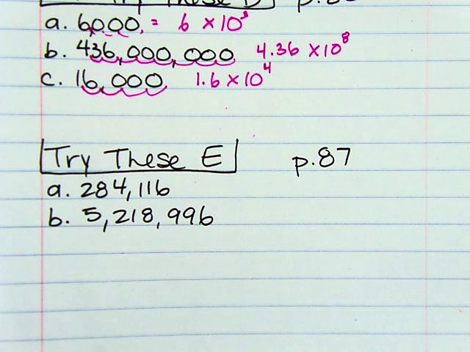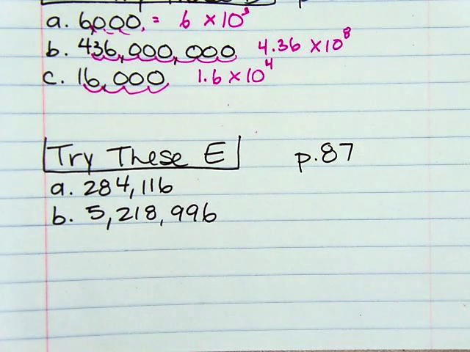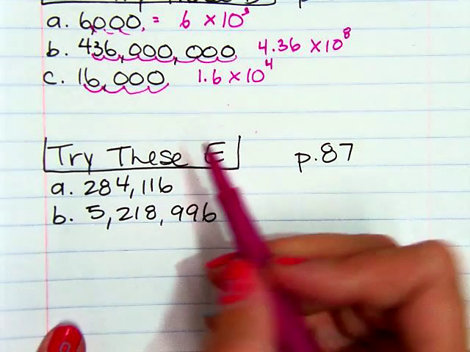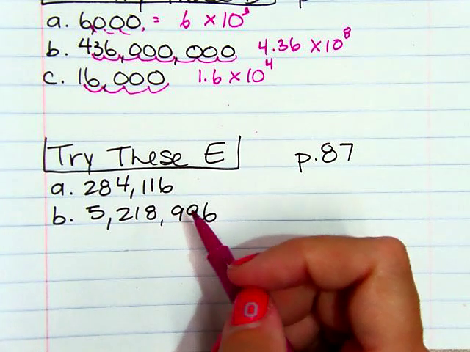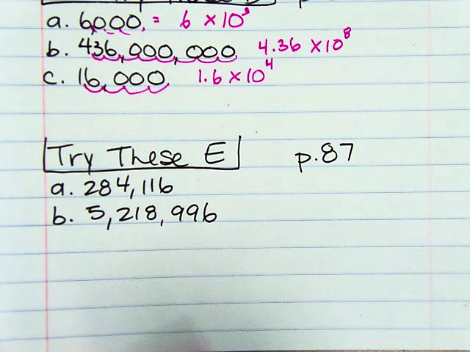Now I'm going to go ahead and go to try these E, which is on page 87, and it's above the check your understanding questions. So what these say is, write an estimate of each number using scientific notation.